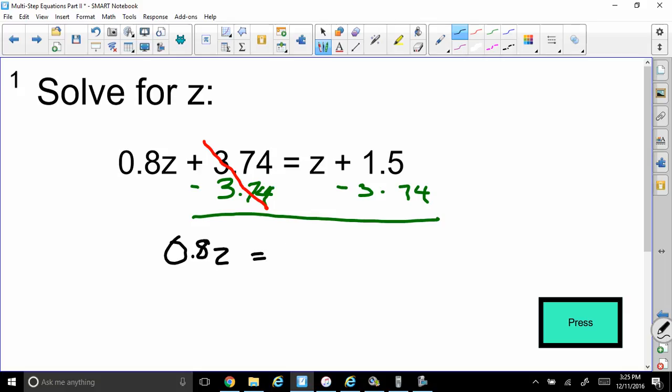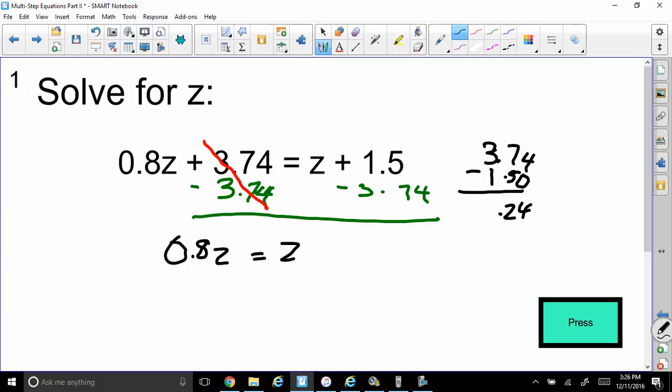On the right side, we'll have z, and we have a minus 3.74 and a plus 1.5. Same signs, I'm not allowed to add them. I have to subtract. Let me line up my decimal point and turn this upside down so I can subtract easily. I'll put a placeholder 0 here. 4 minus 0 is 4. 7 minus 5 is 2.